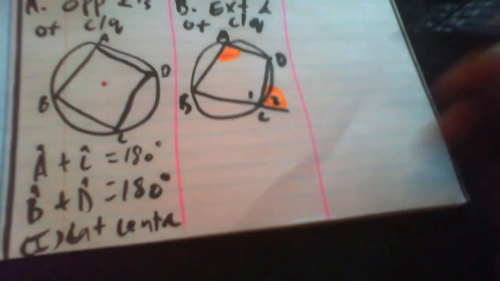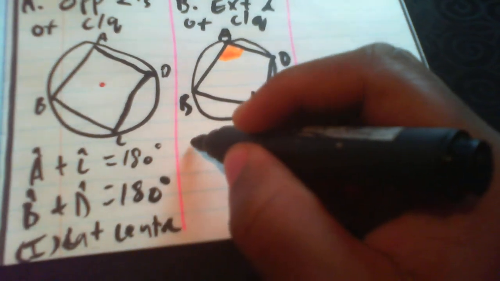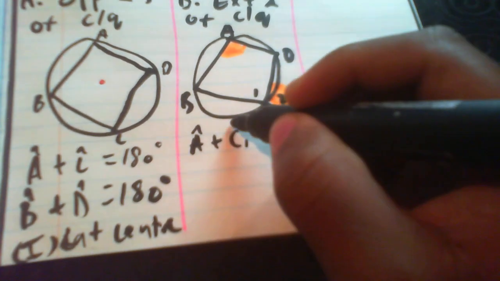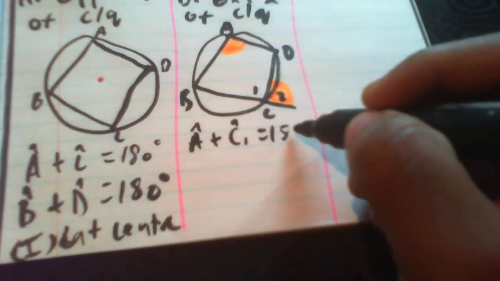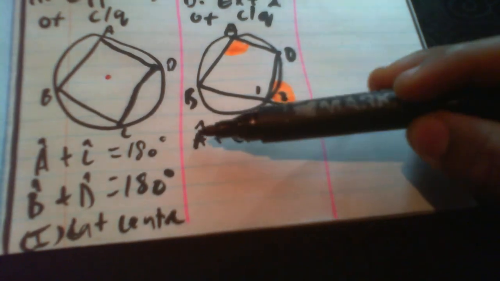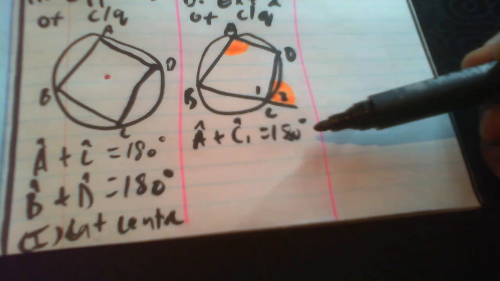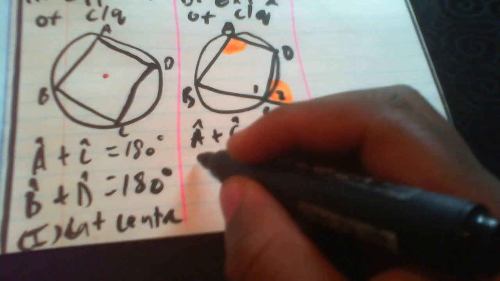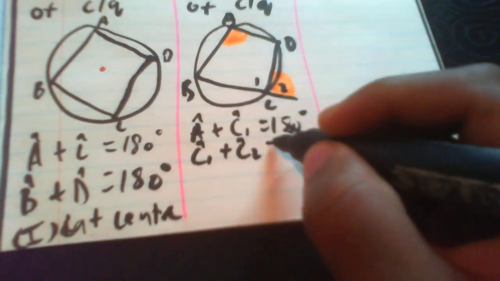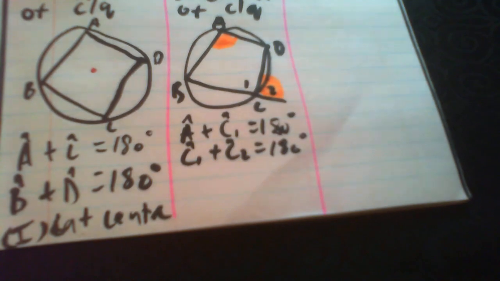And I can show you quickly why. You have angle A plus C1 equals 180 degrees. We know that opposite angles of a cyclic quad are supplementary. But you also have C1 plus C2 equal to 180 degrees. So you see they are both equal to 180.